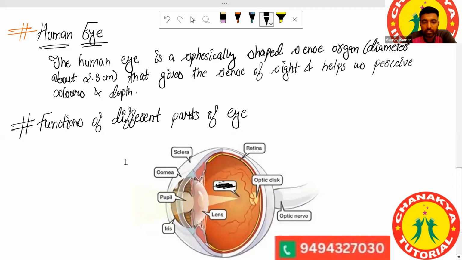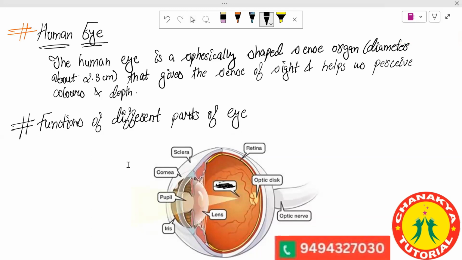Okay, there are different parts of the eye. On the outside, there is the sclera, which is the white part of the eye. Then there is the cornea. The front liquid part in your eye, you can see there is a liquid protective layer. This layer is known as the cornea.